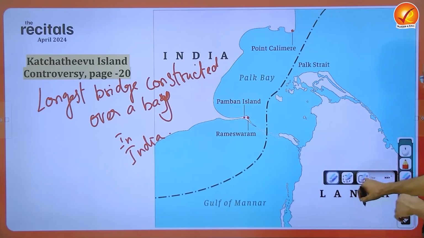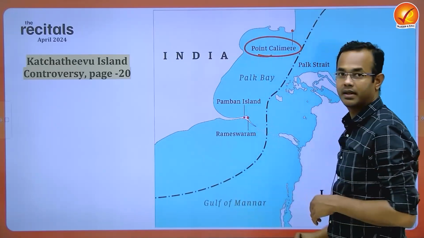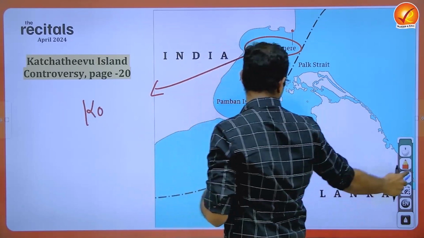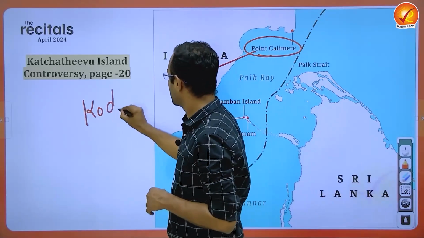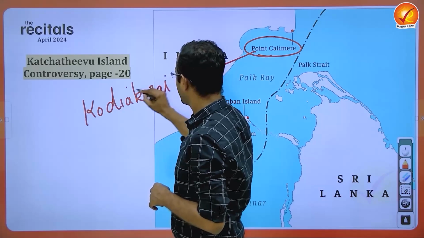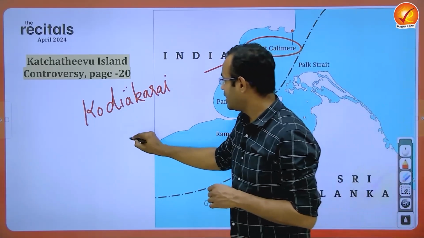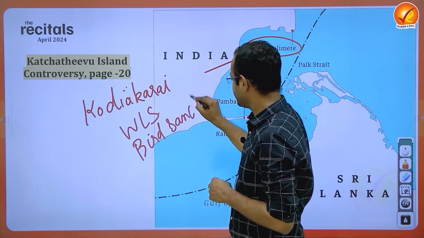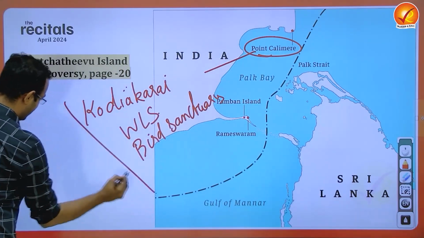Moving further, the next one, Point Calimere, also known as Cape Calimere, which is a wildlife sanctuary and also a bird sanctuary.